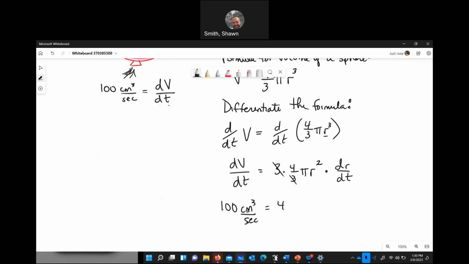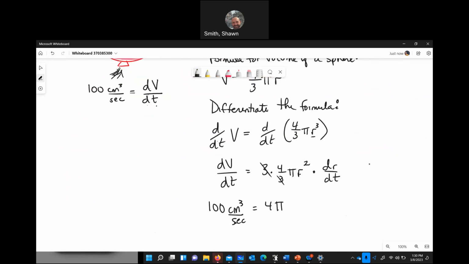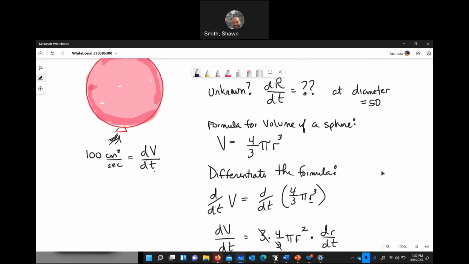This is equal to 4 pi when the radius is how big? Diameter is 50. 25. Radius is 25. Times dr/dt, we don't know. I think I may use a capital R at the top, but yeah, it doesn't matter.